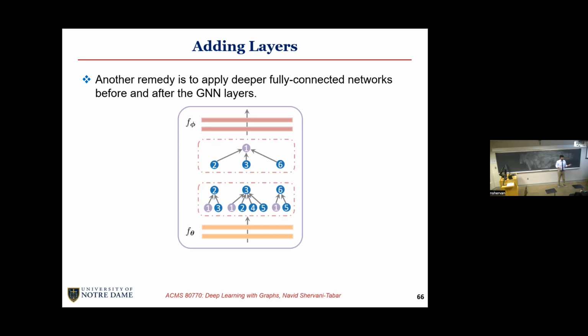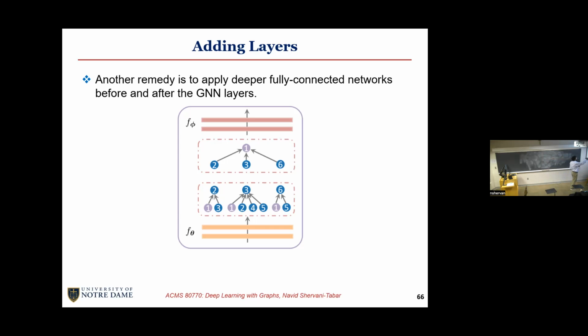These are referred to as pre-processing layers and post-processing layers. So let's say that you have some input. You implement some neural network, like fully connected layers over these, that improve the quality of your embeddings. And then you just pass these to the neural message passing layers.